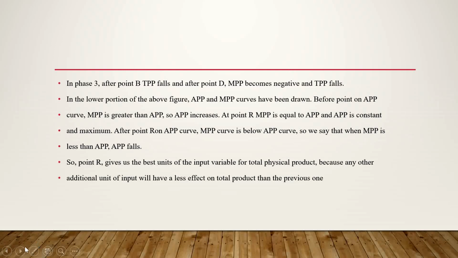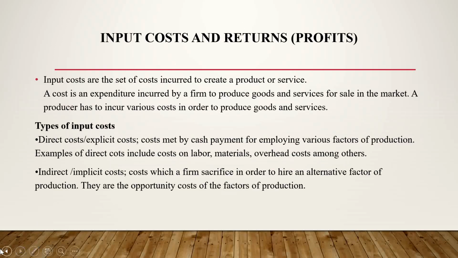Thank you for that slide, and I want to quickly take you into another concept here. I want to talk about input costs and the returns. We are saying input costs are the set of costs incurred to create a product or service. There are several examples of them here. One is a direct cost, another one is indirect.